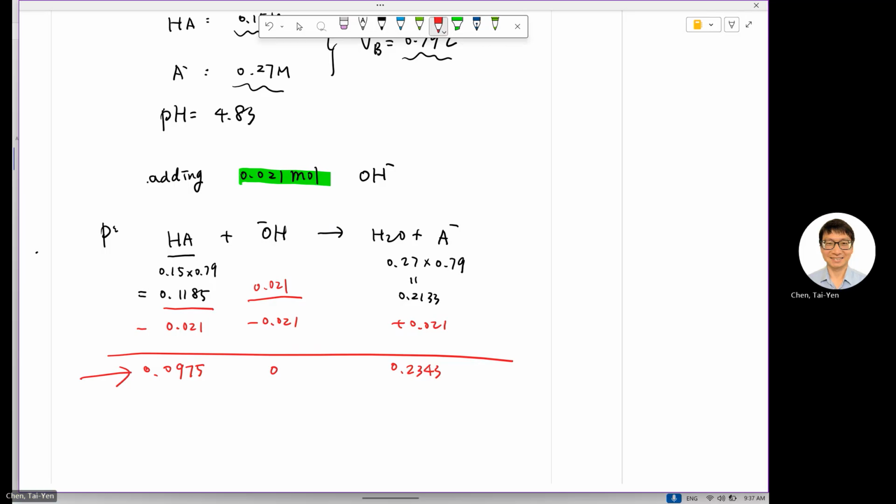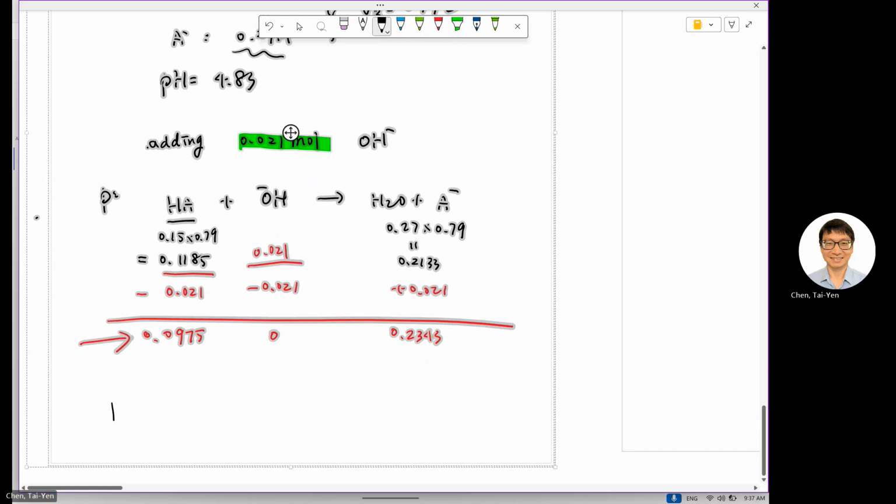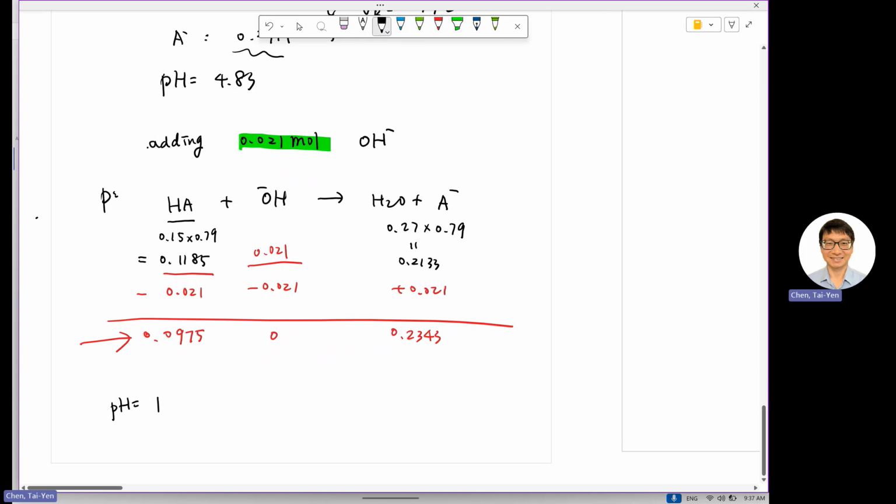Therefore, you can calculate pH equals pKa minus log of 0.0975 over the total volume 0.79, divided by 0.2343 over 0.79.